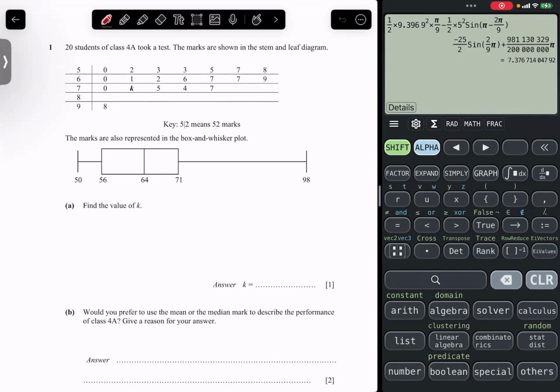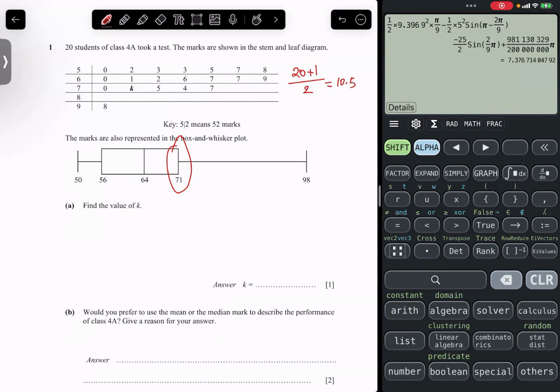Okay. So if I take a look at this, what comes to my mind is that 70K must have something to do with the upper quartile, right? So let's just make a check. 20 plus 1 divided by 2 equals 10.5.